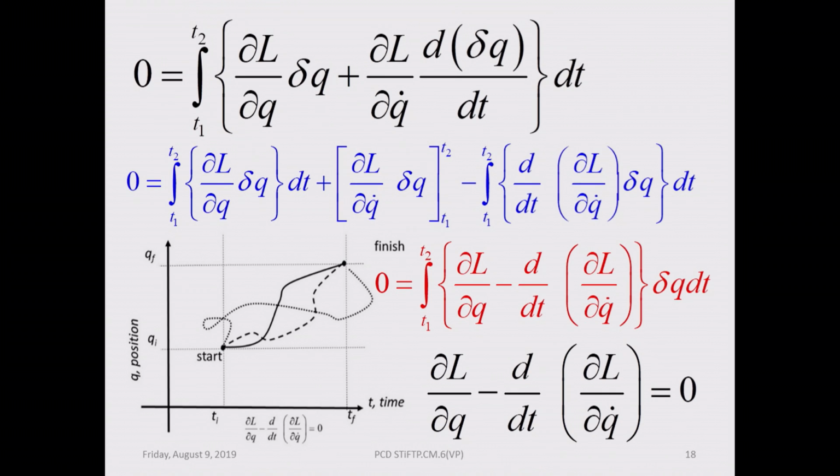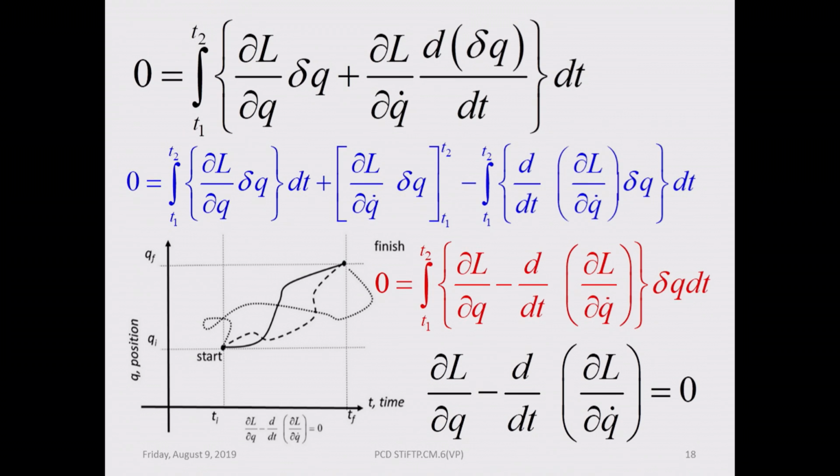Okay, the integrand is del L by del Q minus d by dt of del L by del Q dot. Okay, so this is the Lagrange equation. It is actually an equation of motion. It describes the evolution of the state of the system. There are time derivatives which are involved. Where are the time derivatives? Q dot is the time derivative of position, it is the velocity.